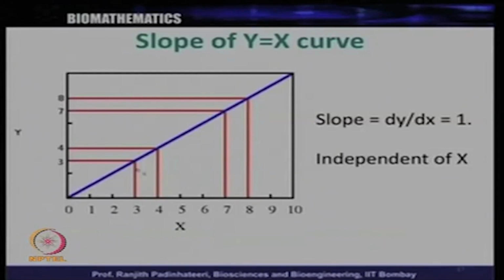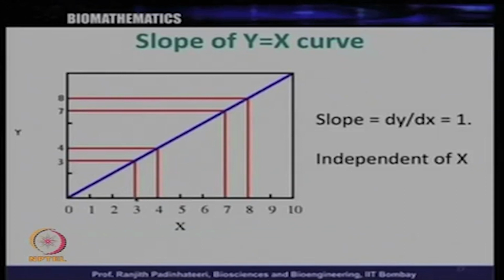See this graph, the blue line is nothing but y equal to x. Now, if we want to calculate the slope of the y equal to x curve, draw a line like this, starting from the x axis, and calculate the corresponding value of y, and another value at the x axis. If you start two lines from 3 and 4, it ends up at 3 and 4 here.